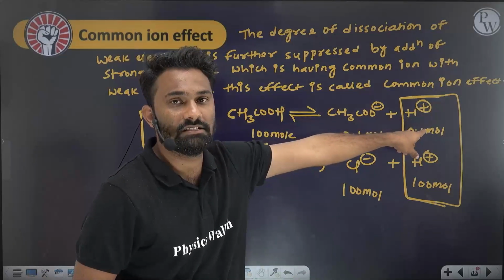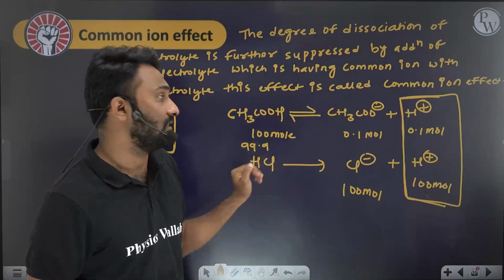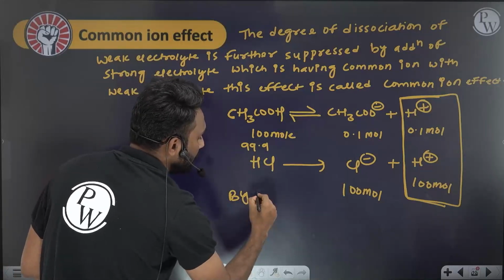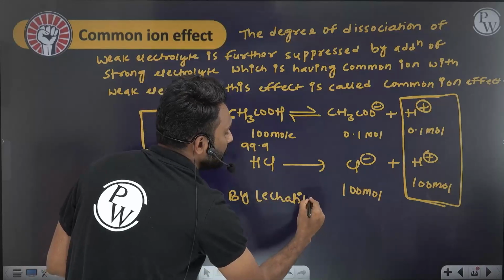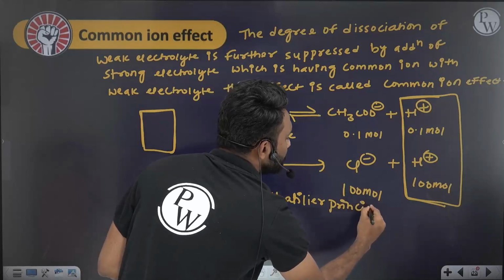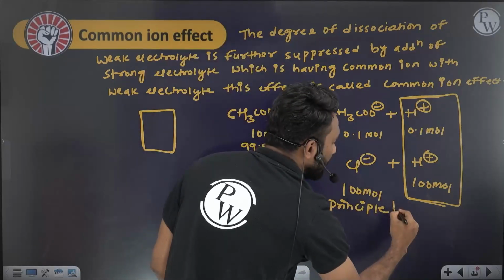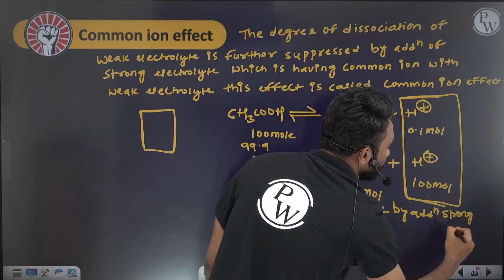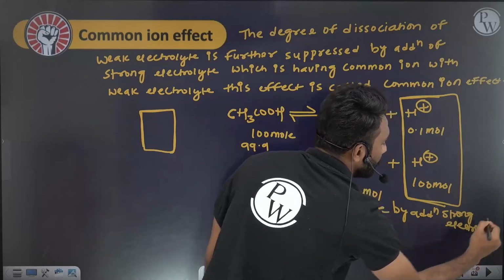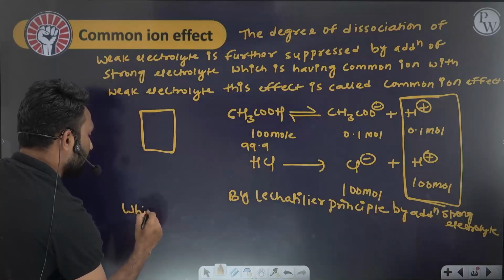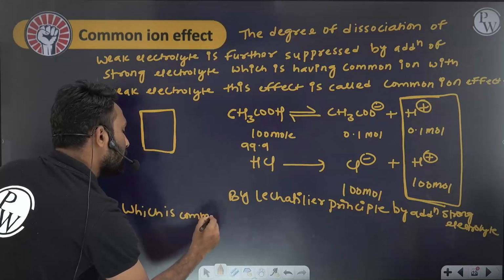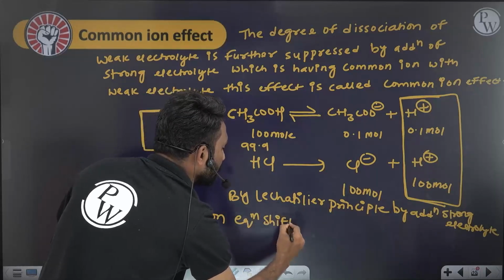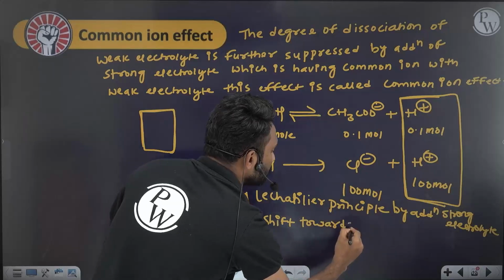The product side has higher concentration and the reactant side concentration is less, so by Le-Chatelier principle, by adding the strong electrolyte which is common, the equilibrium shifts towards the backward direction.